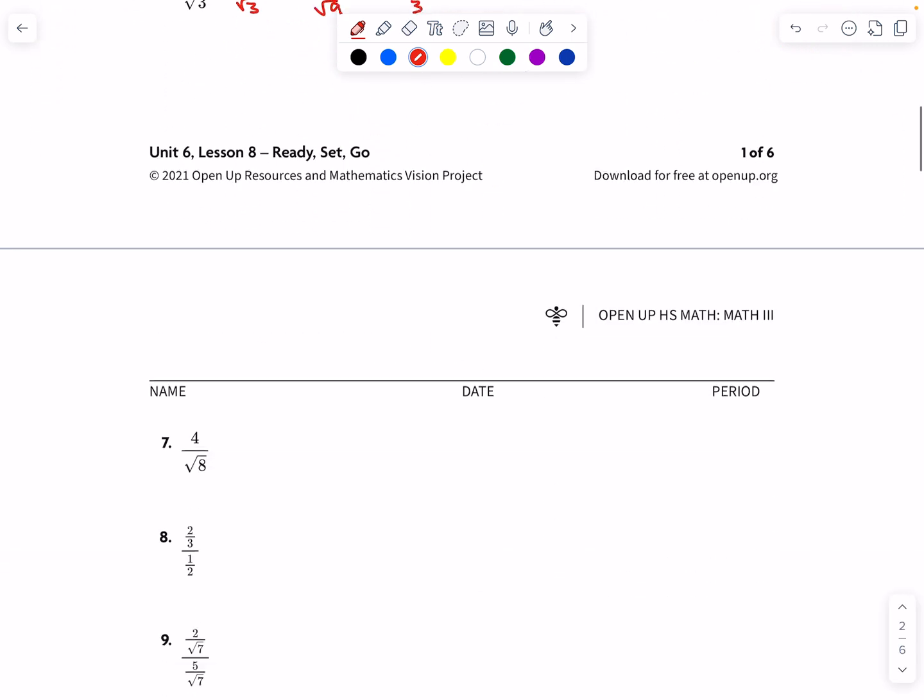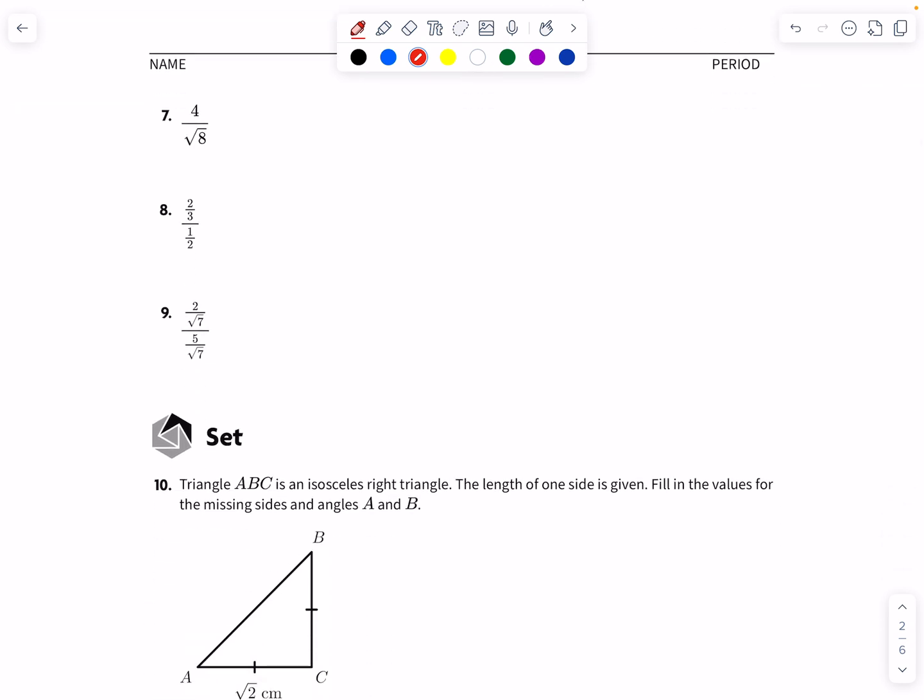All right, next, 4/√8. Let's see, √8 is pull out the biggest perfect square you can. So it's 2√2. Cancel the 2's. Multiply by √2 top and bottom.